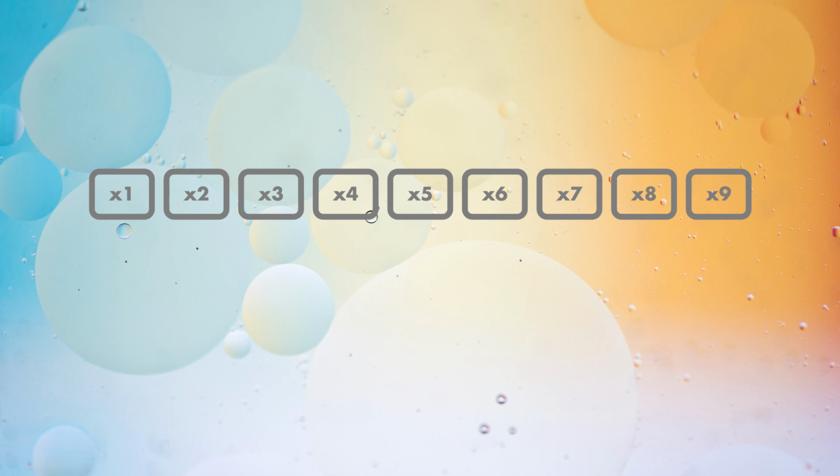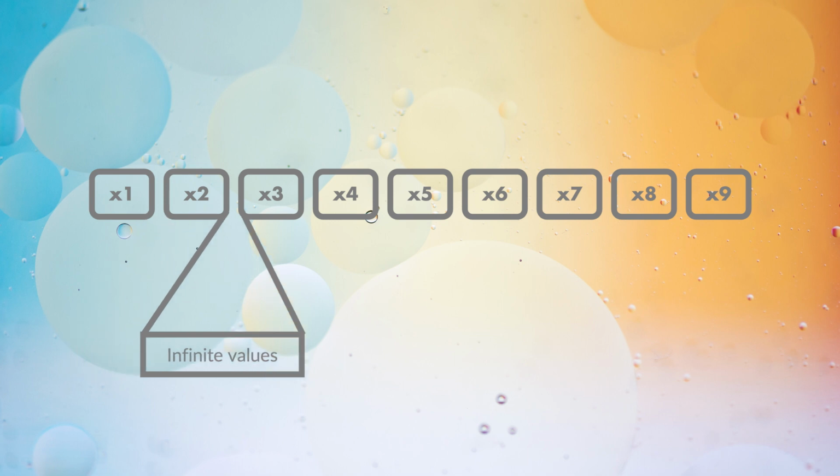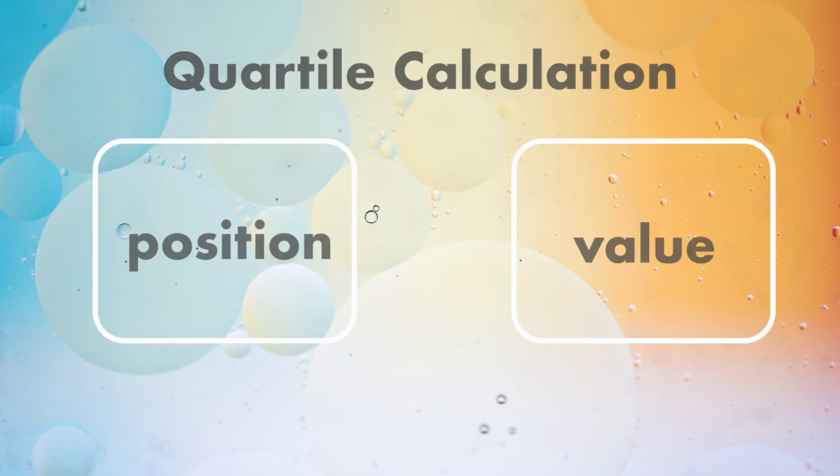Between position 1 and 2, we have other positions, such as, for instance, 1.5, 1.6, and so on. We can always locate our quartile in any non-integer position. It doesn't have to be an integer position corresponding to an existing value in the data. That's not mandatory. The quartile also has a value, which represents the element in question.